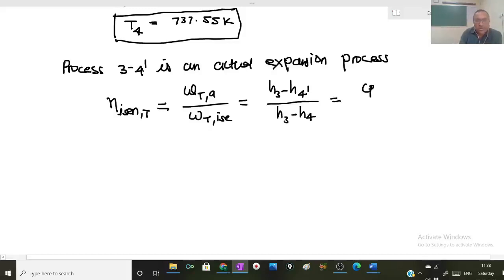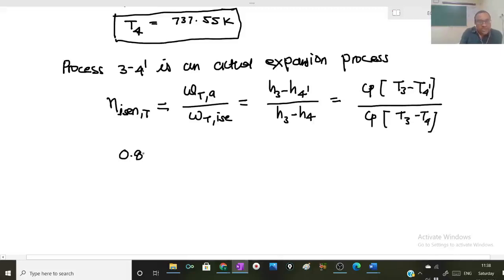Or Cp into T3 minus T4 dash over Cp into T3 minus T4. Turbine efficiency is given as 85%. These two Cp values will get cancelled.